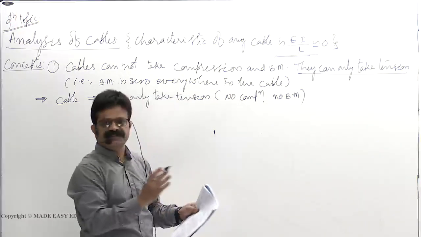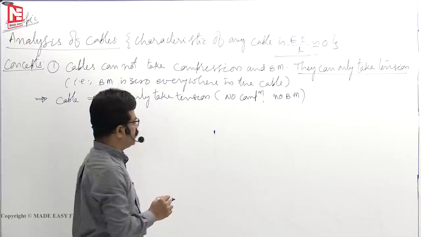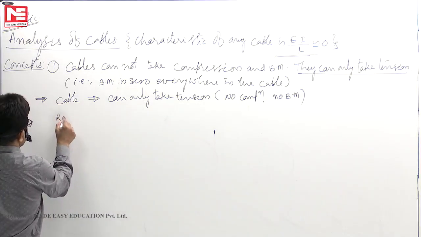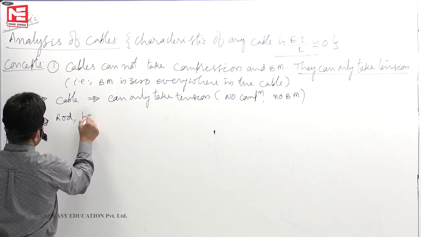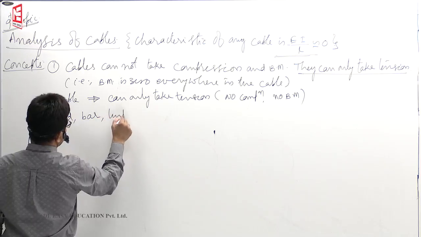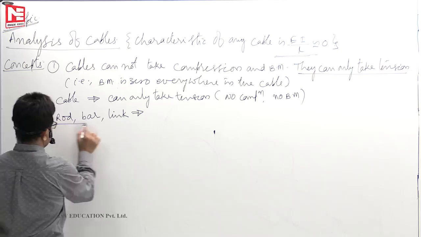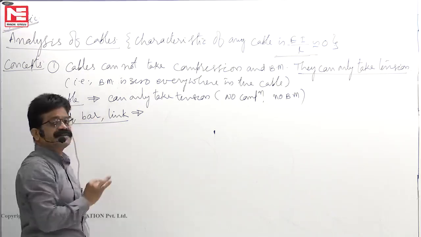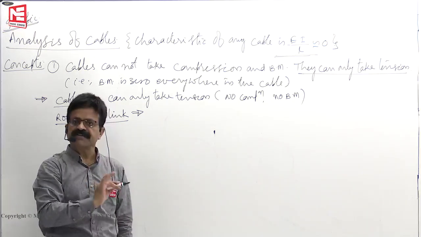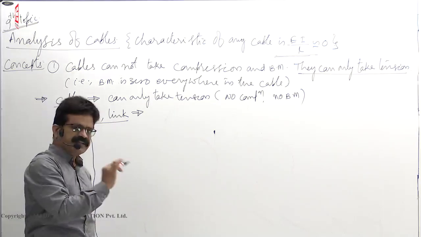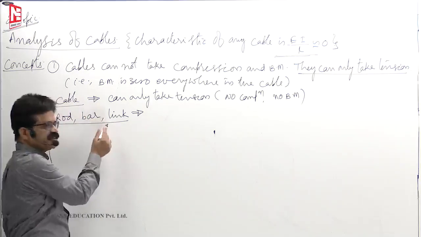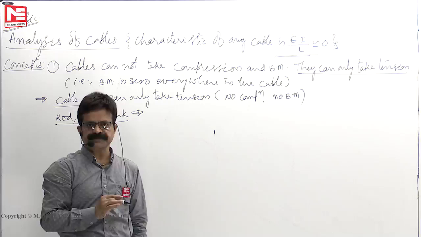If the cable length is very small, then it behaves like a rod. Rod, bar, link: these all mean the same. They can take tension and compression, but not bending moment. If at all there is a bending moment, we will not call it a rod, we will call it a beam.